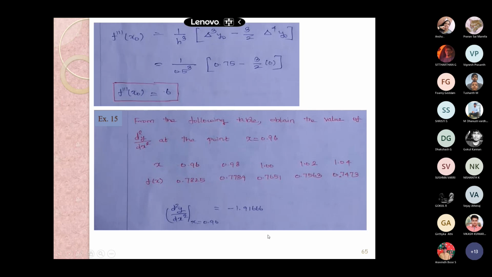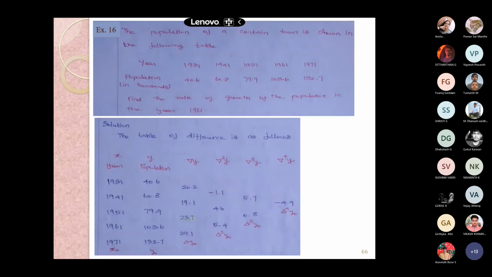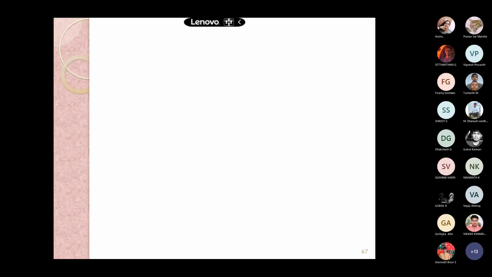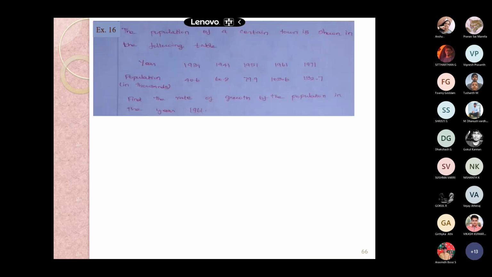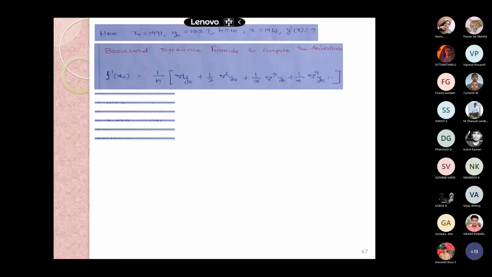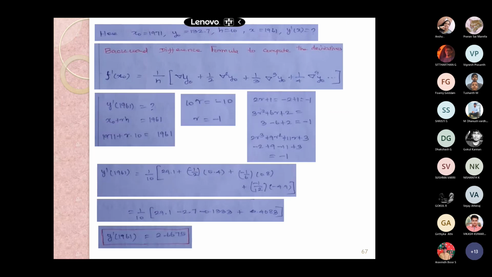Please try to find the value of the second differentiation, which is detailed here, minus 1.91666. And this is the subsequent problem on the population of a certain town, which is detailed.